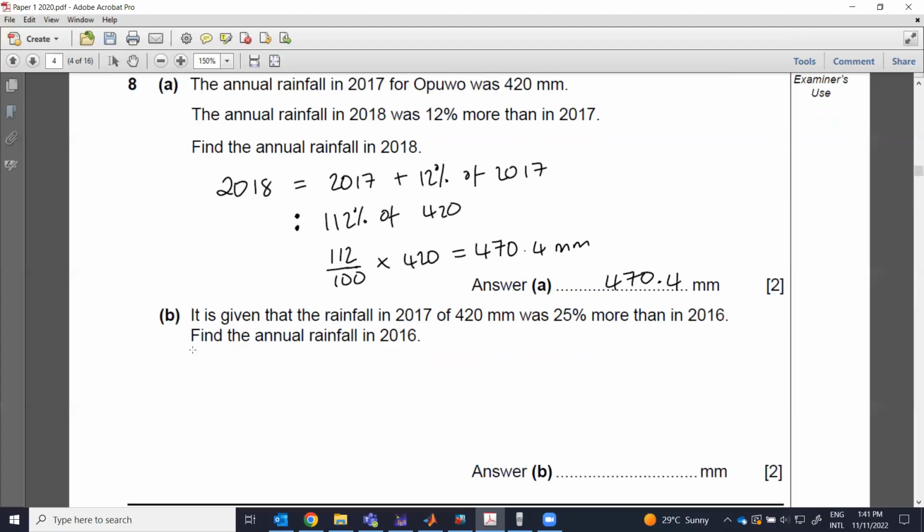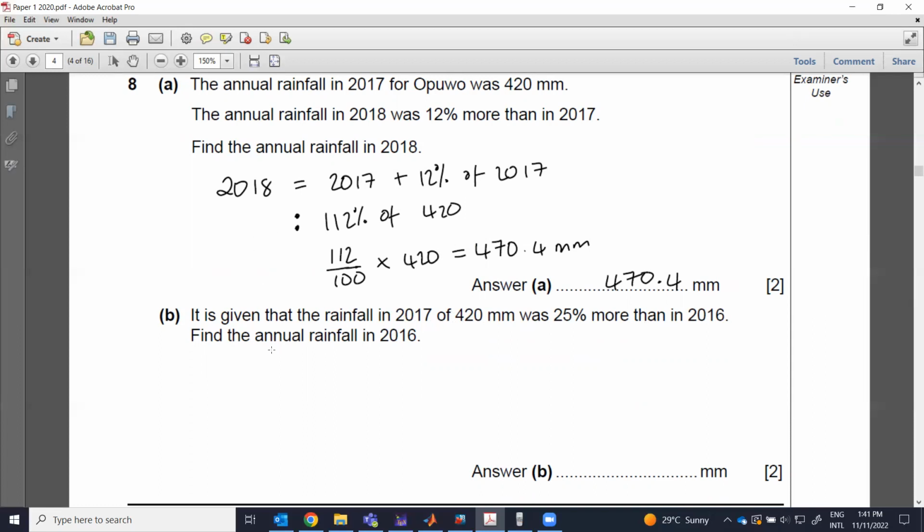Okay, then B, it is given that the rainfall in 2017 of 420 was 25% more than in 2016. Find the annual rainfall in 2016.